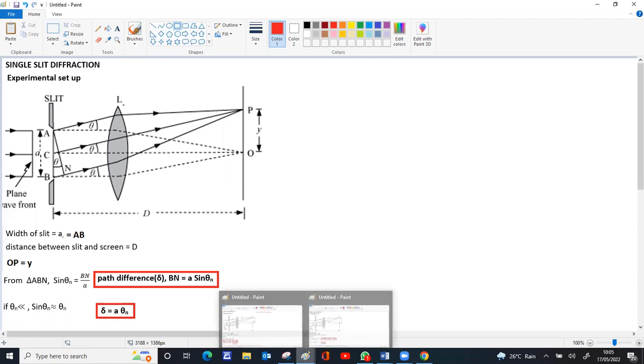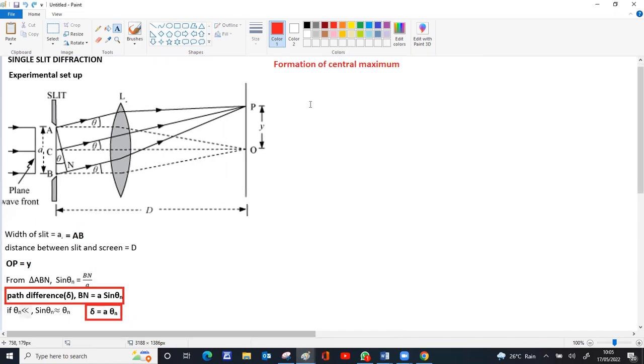We are trying to explain the pattern formation for the central maximum. The central maximum is the pattern formed at O. So imagine light rays incident on the slit. Some of them go straight. For those light rays going straight, there is no bending away. The angle of diffraction will be 0, so theta will be 0. Theta is the deviation from the straight path.